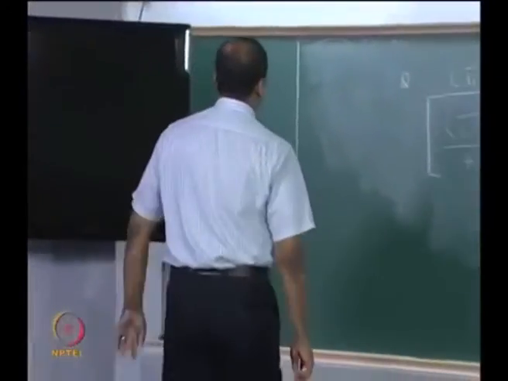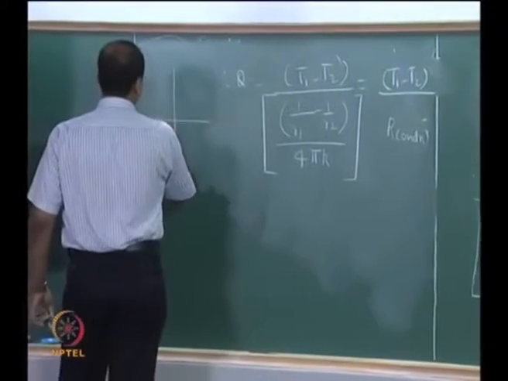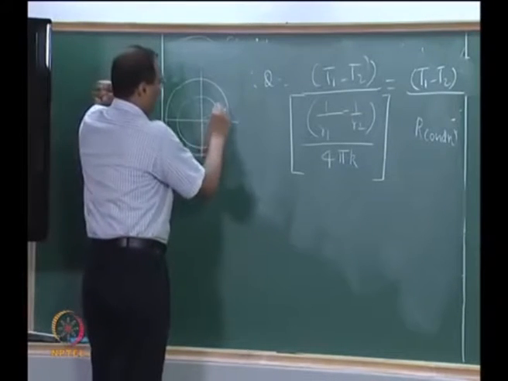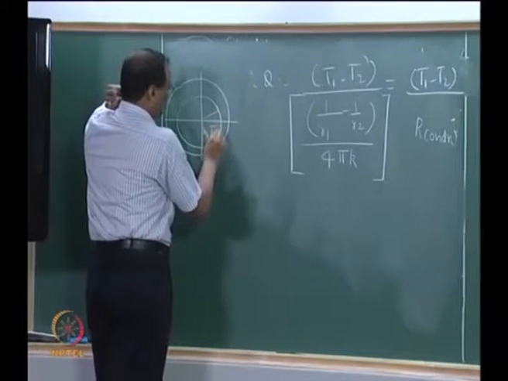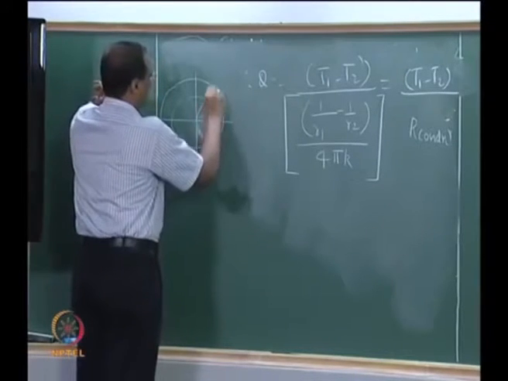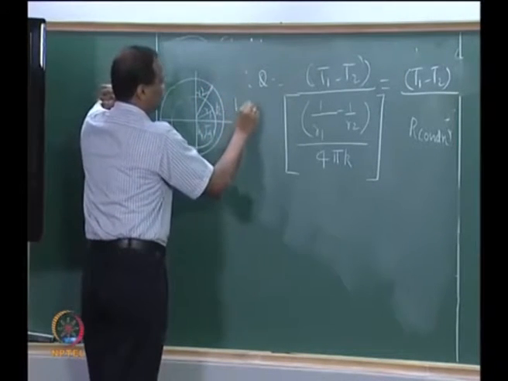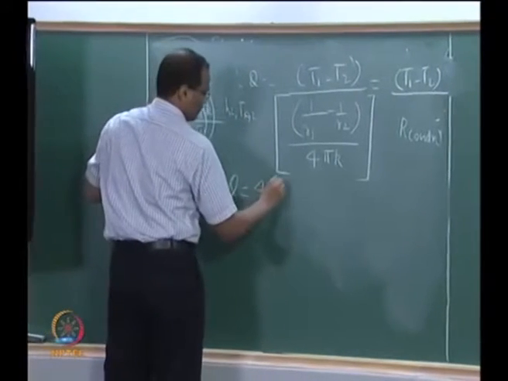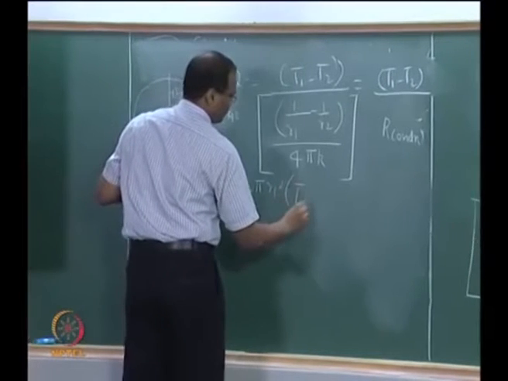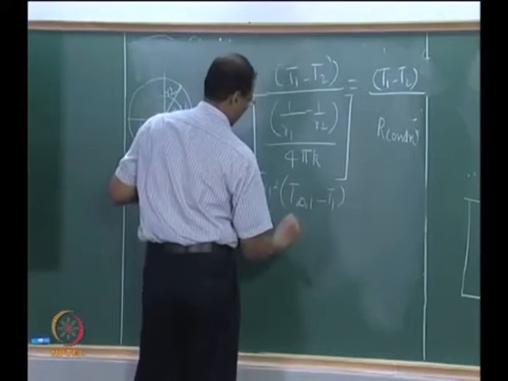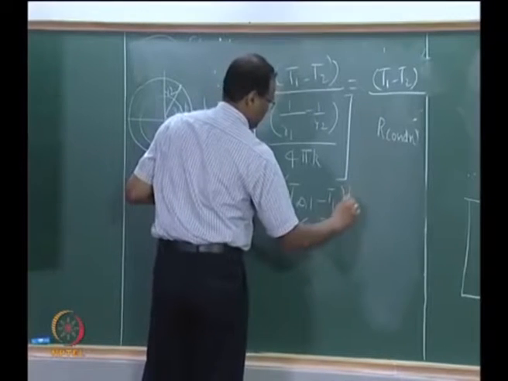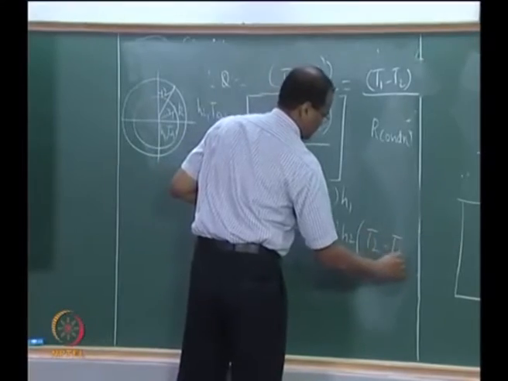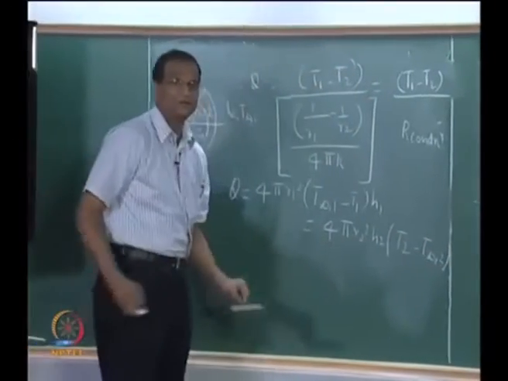Now if we have a situation where there is a spherical shell and I have H1, T infinity 1, K, R1, R2, H2, T infinity 2, this Q will be the same as... correct.